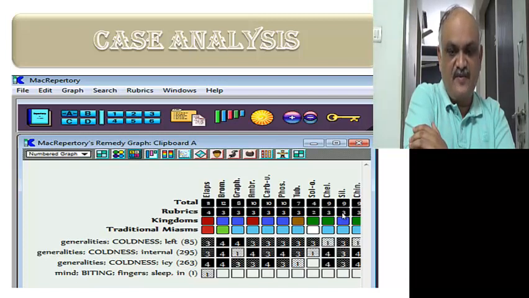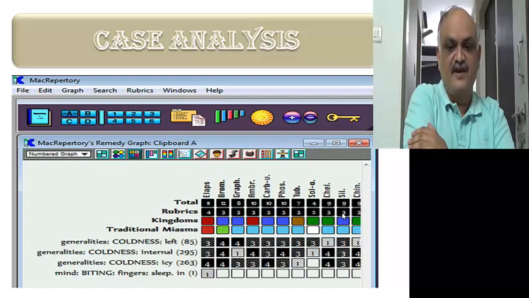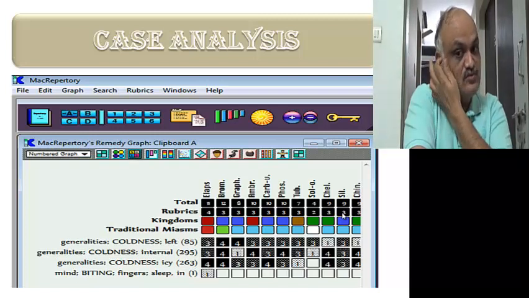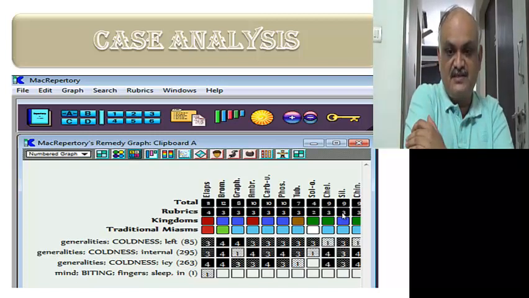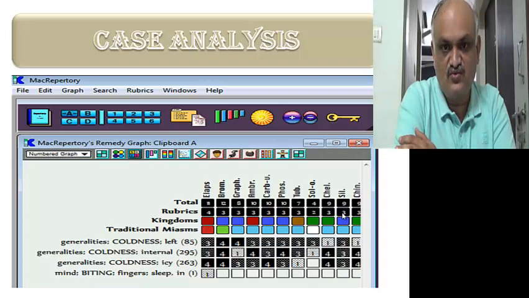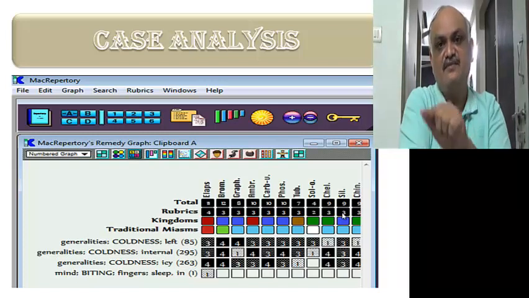Biting, fingers, sleep pain. You can even add sleep deep or sleep comatose, sleep heavy, that kind. But here you see the LFs coming up so strong. Second is bromium, graphites, ambrosia, carbo vegetabilis, phosphorus, tuberculinum. These are the remedies. Now what to do? We have to select one medicine.